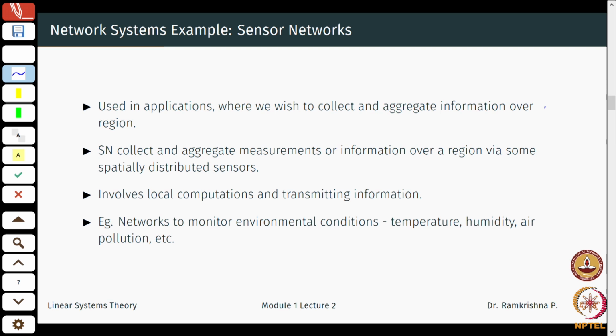So, a typical example would be if I just want to monitor the temperature of a region, I just put a temperature meter over here, maybe the reading might be slightly different 2 kilometers down the line and so on. So, how do I arrive at a certain number saying that the temperature around this region is say 32 degrees, or the humidity is 50%, air pollution, carbon monoxide levels and so on.